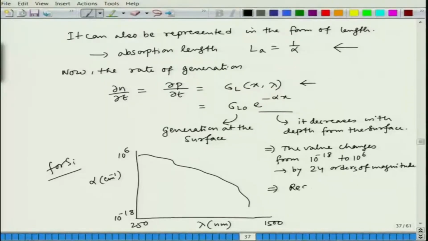Okay. So, we define, you will come to this term response factor, which tells us in what wavelength region the particular material, photovoltaic material, is effective. Okay.